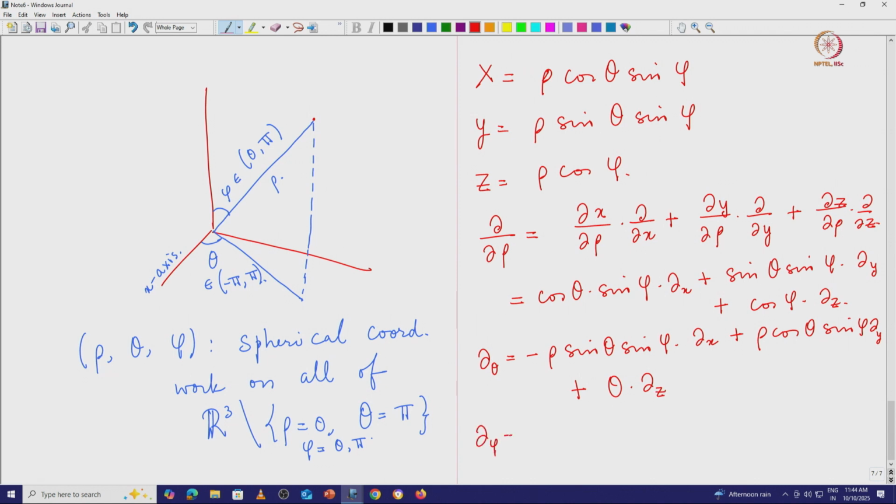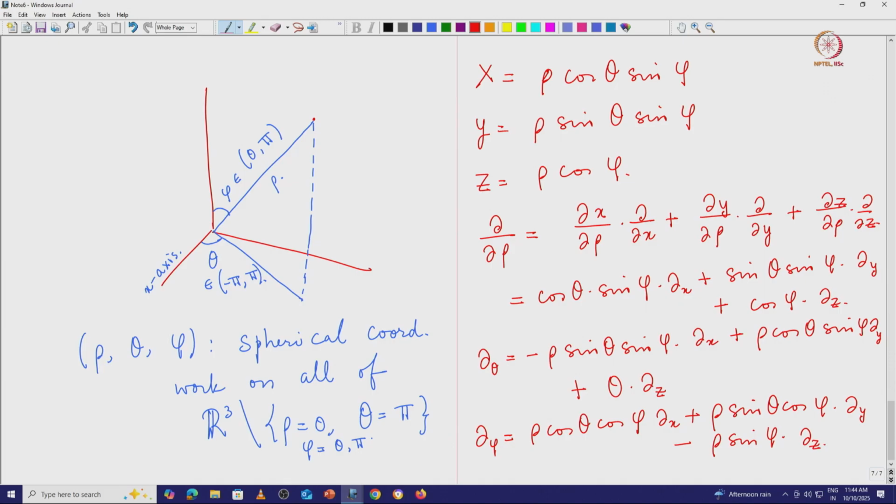Similarly, you can write down what del by del phi is. So that is rho cos theta cos phi del x plus rho sin theta cos phi del y minus rho sin phi del z.